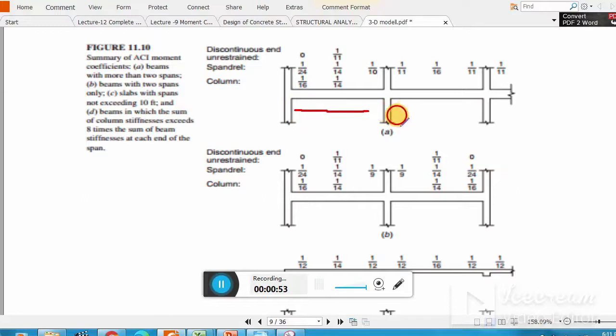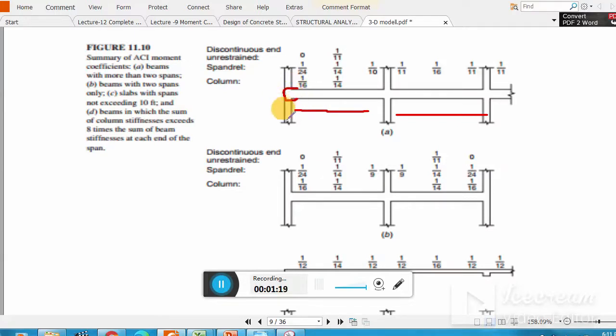These are applicable for more than two spans, remember, discontinuous and unrestrained. When it is discontinuous and unrestrained, it means that the beam is basically simply supported.